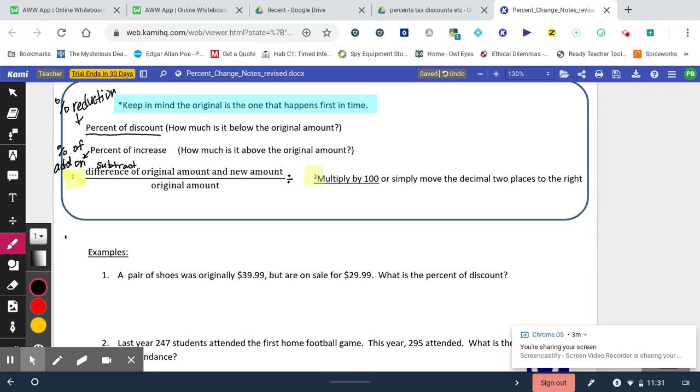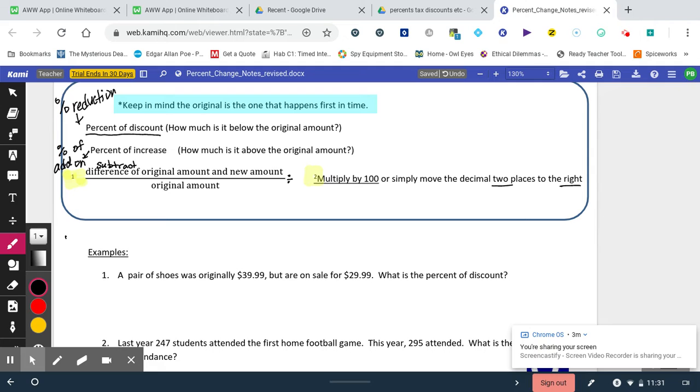And then you will move on to step 2, which says multiply by 100, or you could simply move the decimal 2 places, not to the left, but to the right. Because if you're changing to a percent, you move the decimal 2 places to the right. If you're changing your percent to a decimal, you move it 2 places to the left. And I always try to tell my students to remember this.